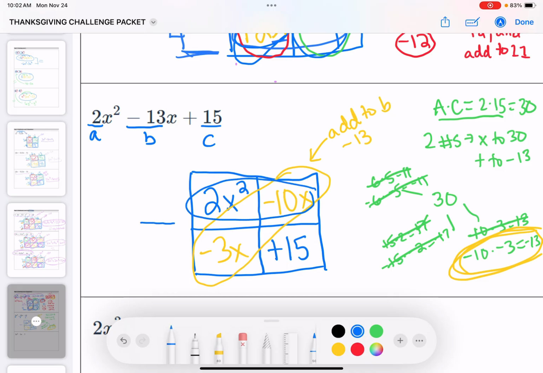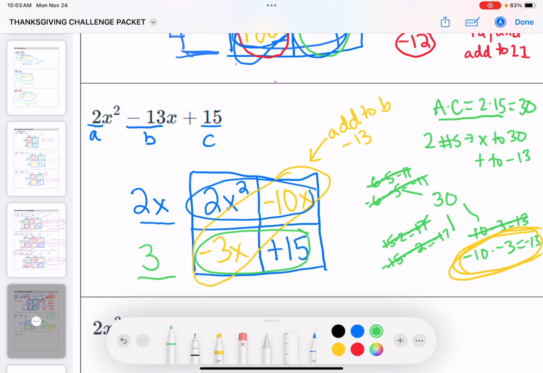So I'm going to look at my row. 2 and -10 both have a 2. That's their common factor. And then they both have an X. -3 and 15 both have a 3.